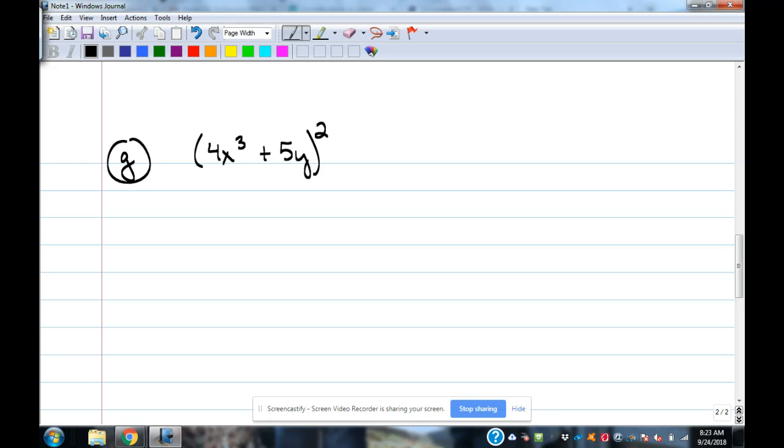That's definitely a higher degree polynomial. What's it mean to square something? Multiply it times itself. So this is really what's happening. That's really what's happening. Okay?